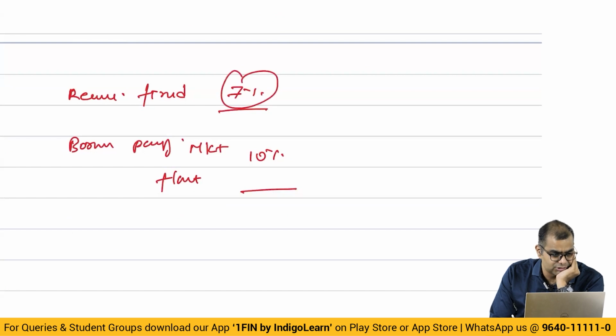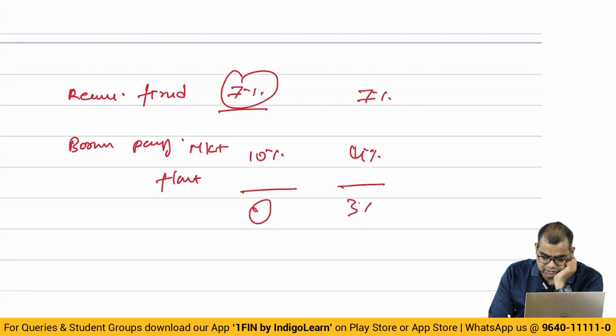What is the value of this put? Will I do this? Receive 7, pay 10? No, why would I do that? Correct, the value is 0. Whereas if I receive 7 but only have to pay, let us say, 4%, I will do this, right? So the gain is 3%.